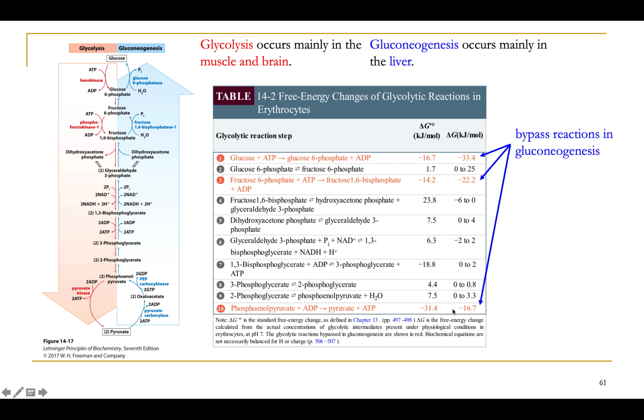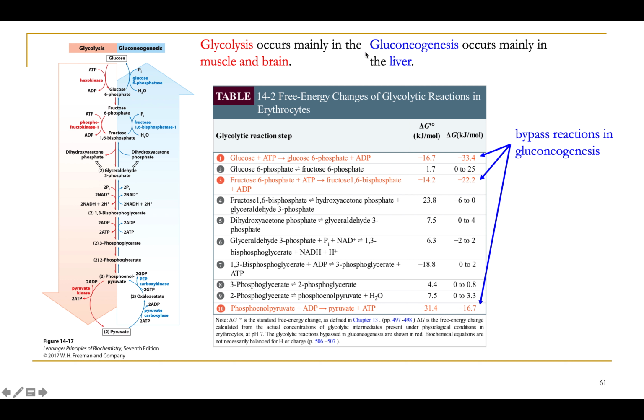So in the next few slides we will look at these bypass steps one by one, starting with the lowest point in the gluconeogenesis pathway, starting from pyruvate. Of note, if we consider bypass steps, tissues like muscle tissue or brain tissue, which are totally dependent on glycolysis, do not have this high activity of gluconeogenesis enzymes.